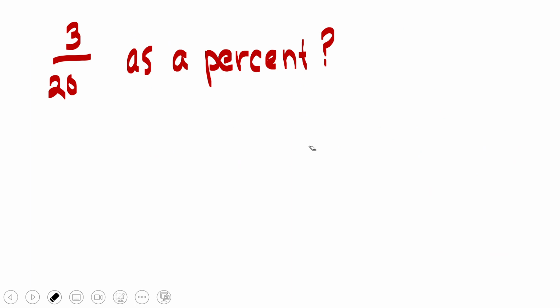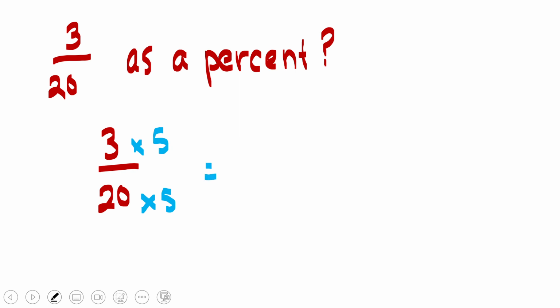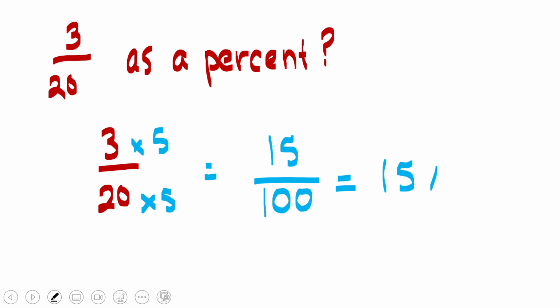So that's true. 20 can be made into 100 on the bottom. And multiply by 5 to make an equivalent fraction with 100 on the bottom. So we can see it. It's going to be 15 over 100. What's that equal? 15%. So that's a strategy. If you can work with your fraction to get 100 on the bottom, you can figure out the percent very easily.